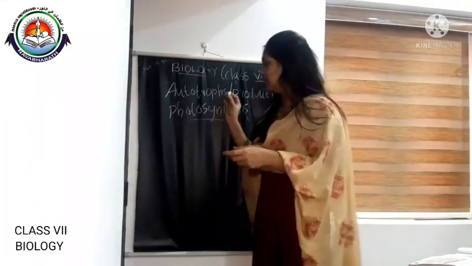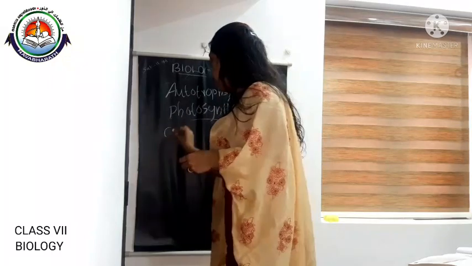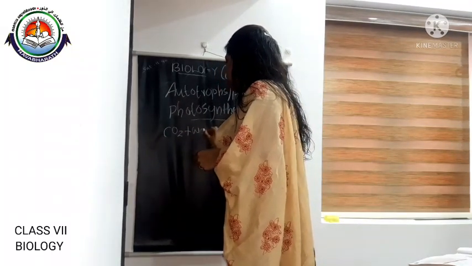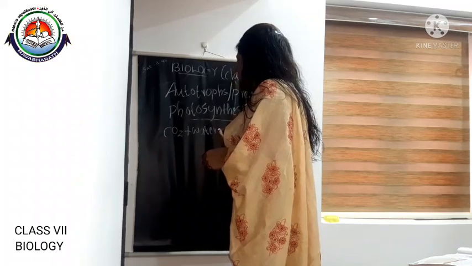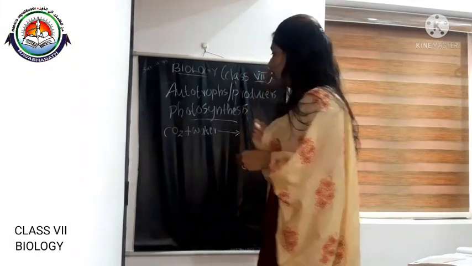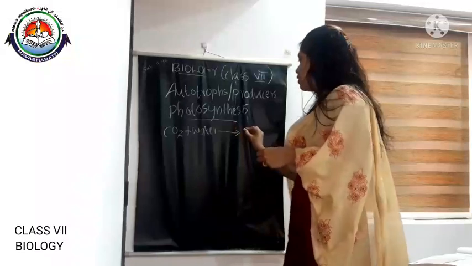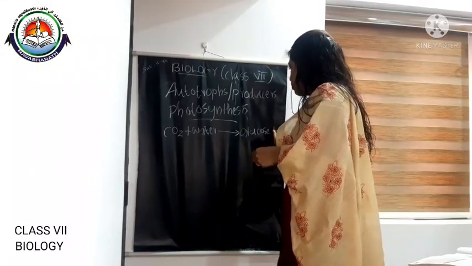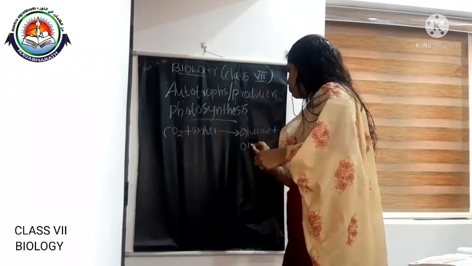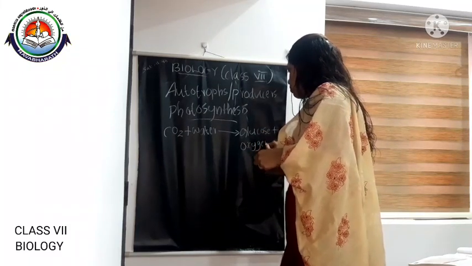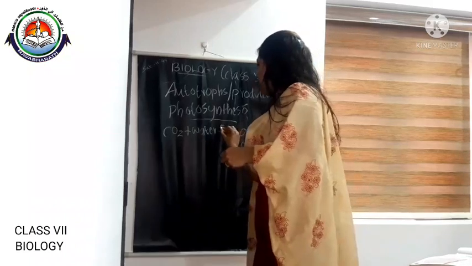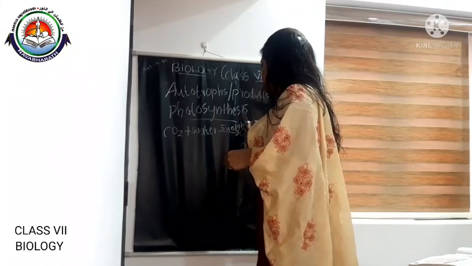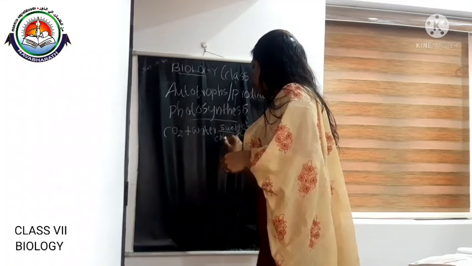Okay, I will write the equation as carbon dioxide plus water gives, what? Yes, glucose plus oxygen. And here we can say with the help of sunlight and chlorophyll.